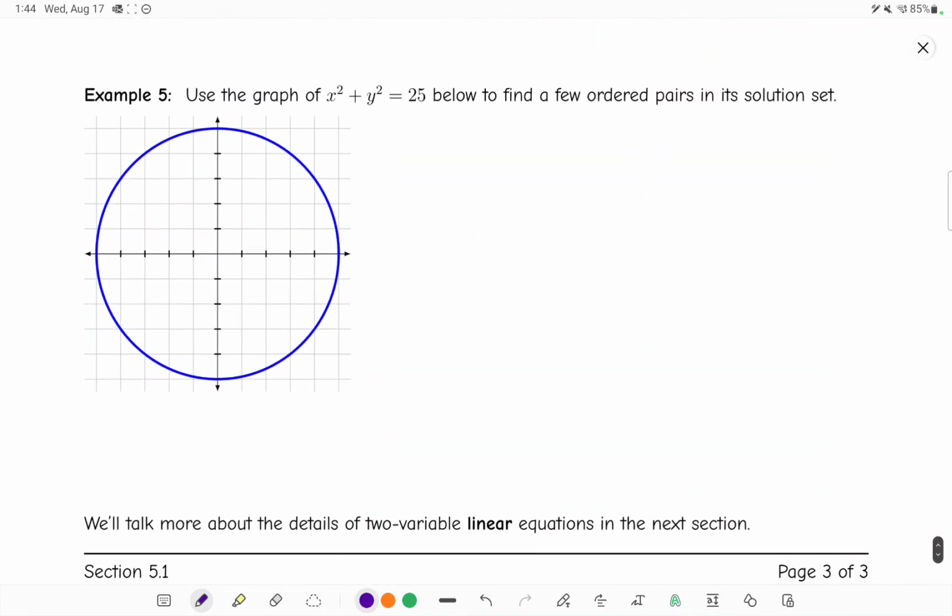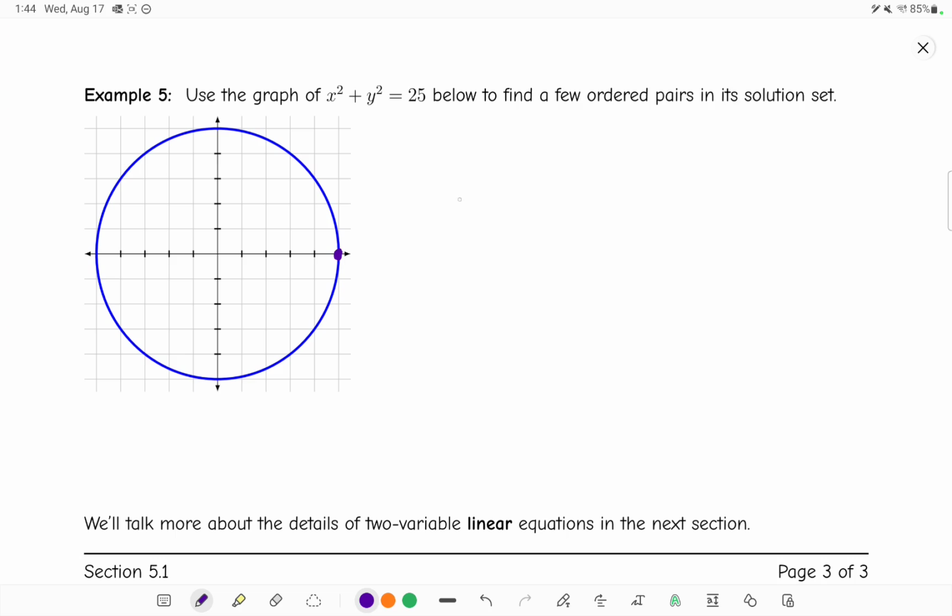Then last but not least, example 5, use the graph of x squared plus y squared equals 25 below to find a few ordered pairs in this solution set. So I'm looking for points on this graph that will give me solutions to that equation. Now the first one I see is right here.